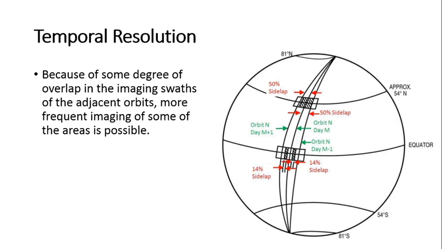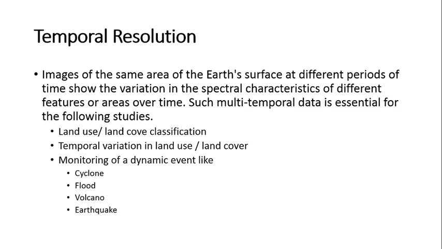Images of the same area of Earth's surface at different periods of time show the variation in the spectral characteristics of different features or areas over time.